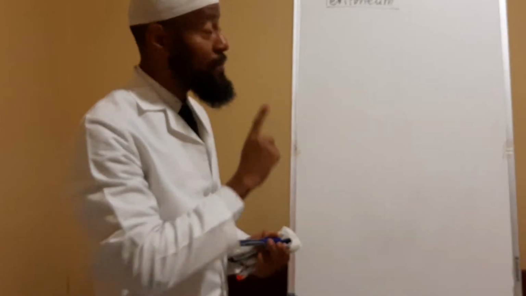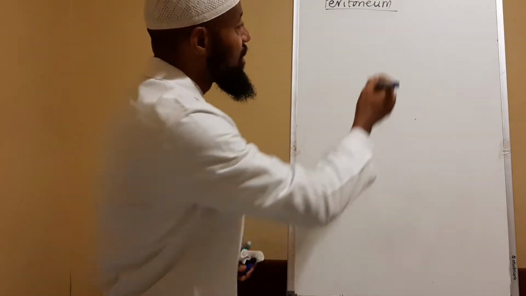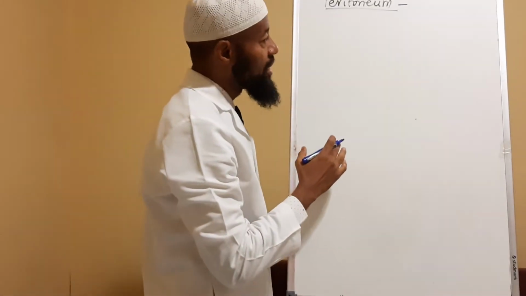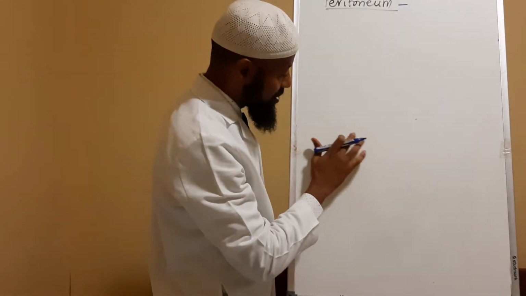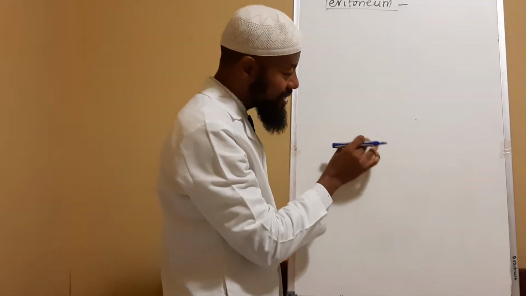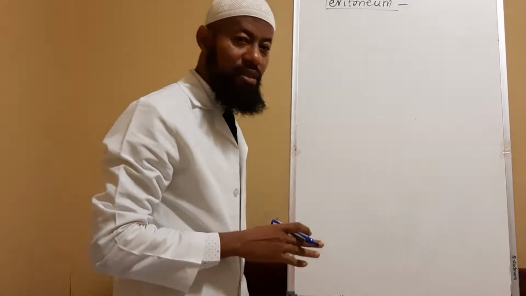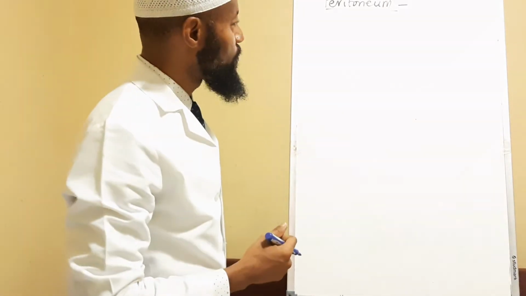So we'll be looking at the peritoneum. Again, remember what I said about the peritoneum. The peritoneum is a continuous, glistening and slippery, like this whiteboard is glistening and slippery, and a transparent serous membrane because it's producing serous fluid. Alright?